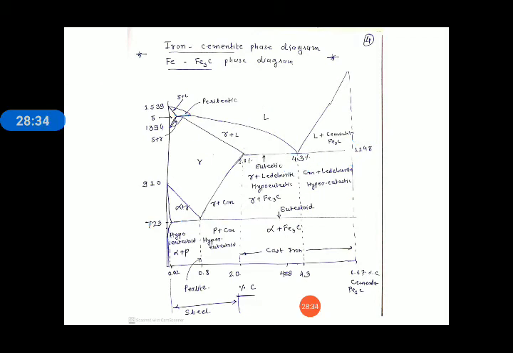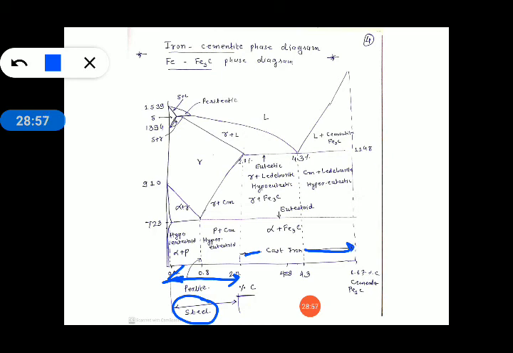And one more thing in the iron carbon diagram: from 0.02 to 2 percent carbon, the material is known as steel, and from 2 percent to 6.6 percent it is known as cast iron.